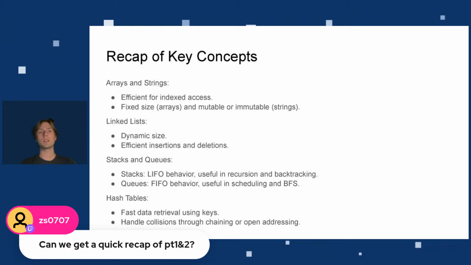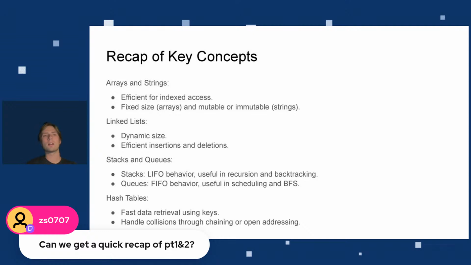We actually built a queue out of two stacks that were connected to each other. And then finally, we talked about hash tables, which were basically fast data retrieval using keys. We went through and learned about the hash tables a little bit too.